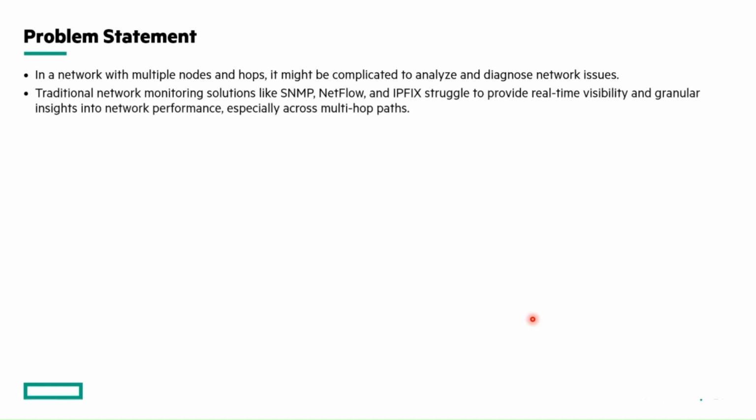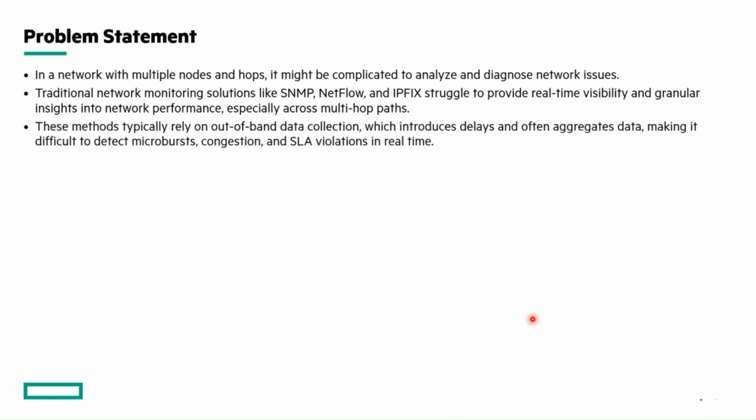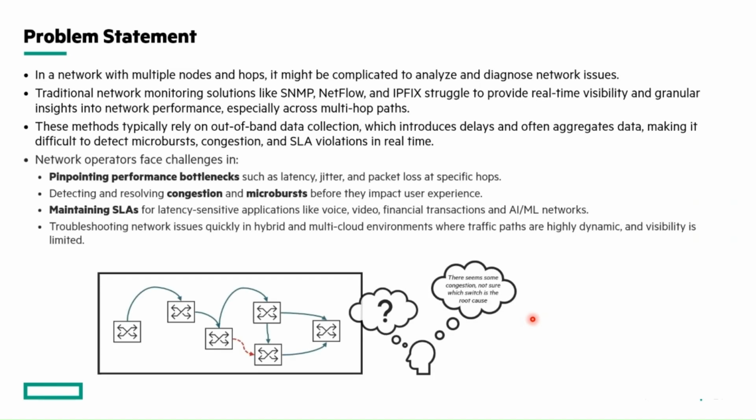Traditional telemetry features such as SNMP, NetFlow, or IPFIX struggle to provide real-time visibility and granular insights into network performance, especially when the network has multi-hop paths. These methods typically rely on out-of-band data collection, which introduces delays and often aggregates data, making it difficult to detect microburst congestion and SLA violations in real time.